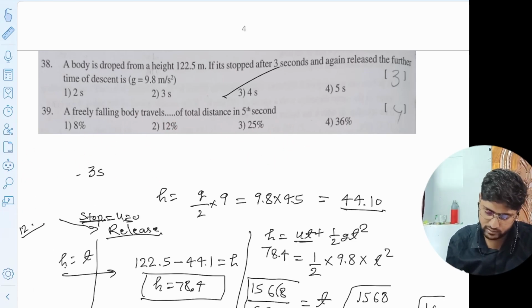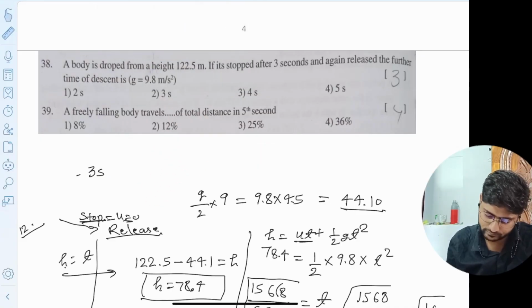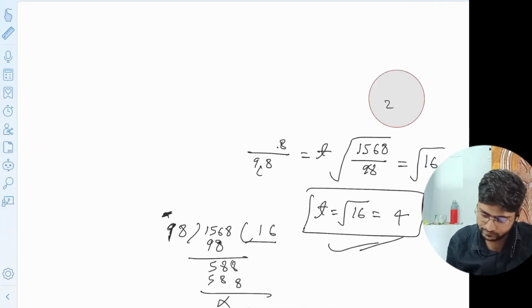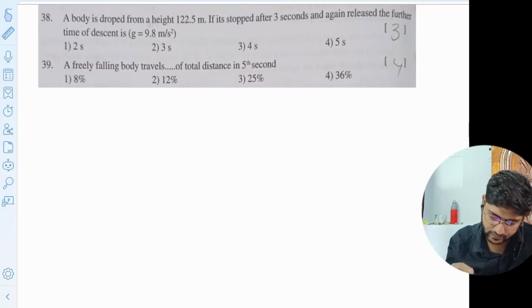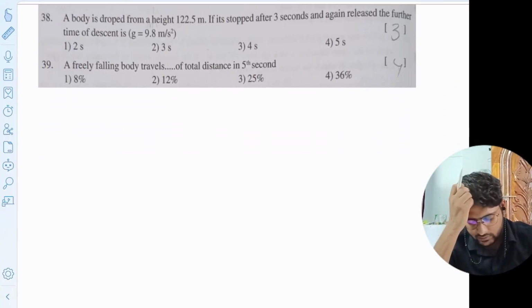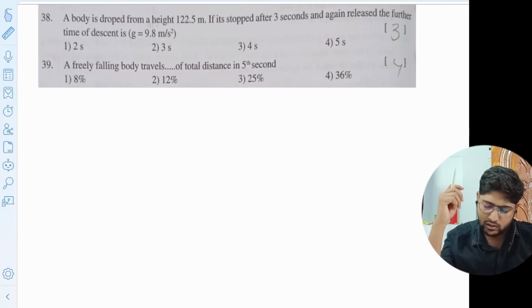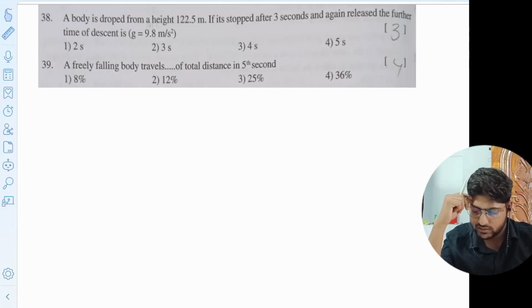We will solve fast. A freely falling body travels how much percent of total distance in the last second?